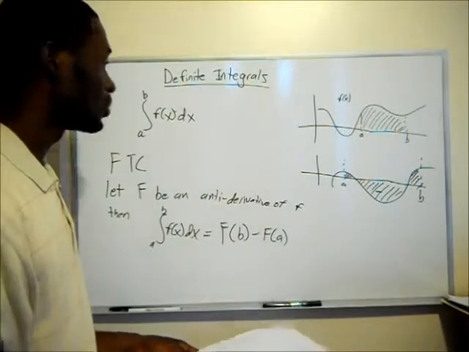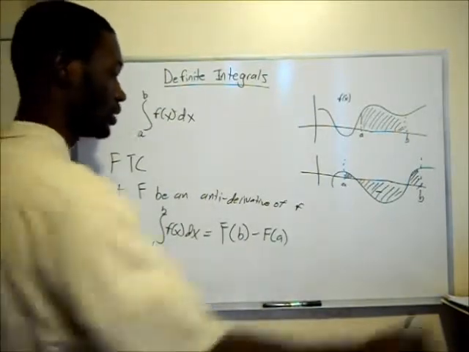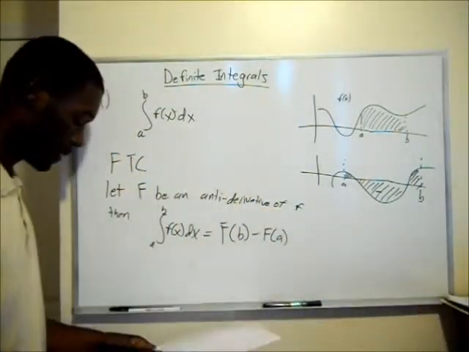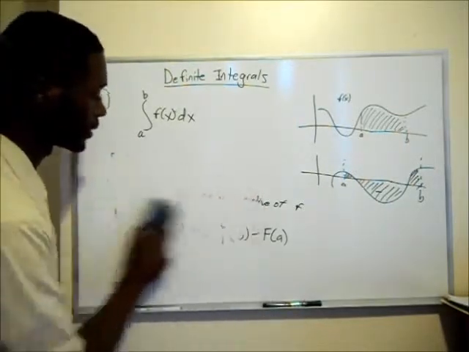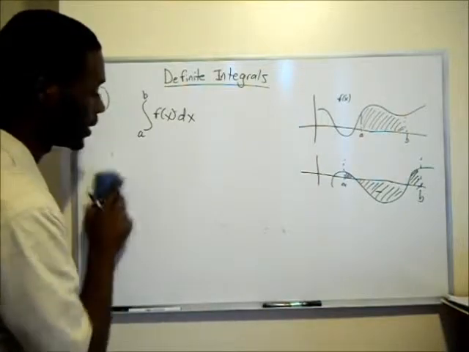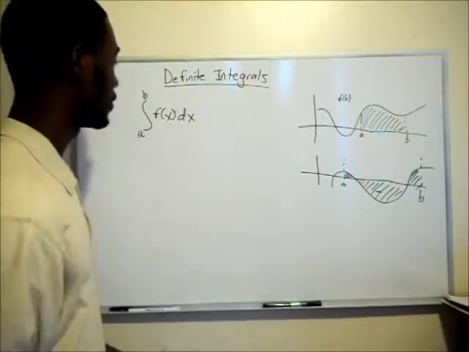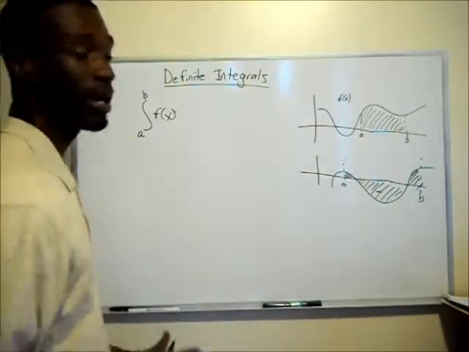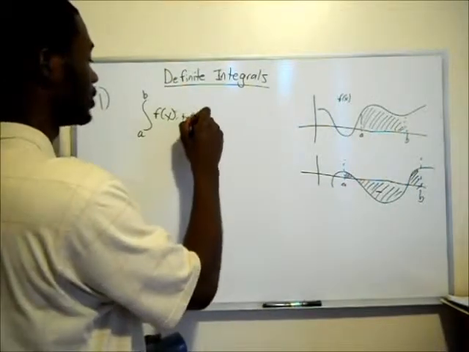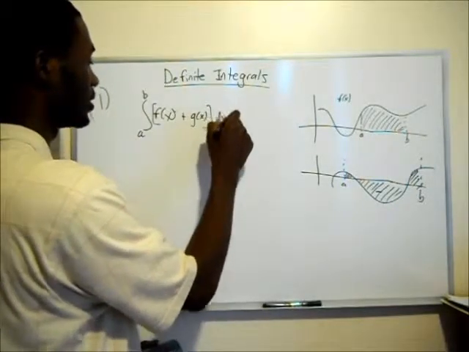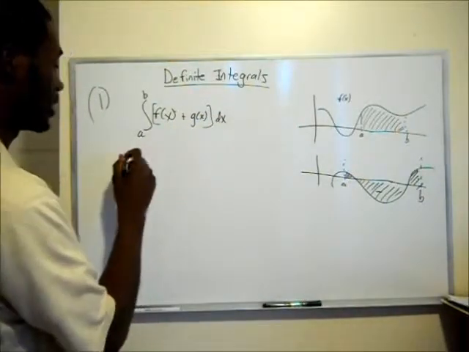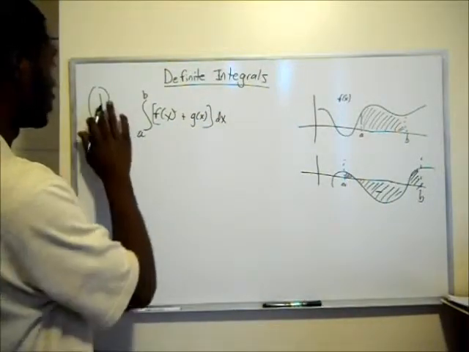Now the next tool we're going to use, there's no name for it, but it resembles what we did earlier. Let's say we have a function, this is the sum rule. Let's say you have f of x plus g of x, and this is all in dx. Well, this can be split up. This is number two.